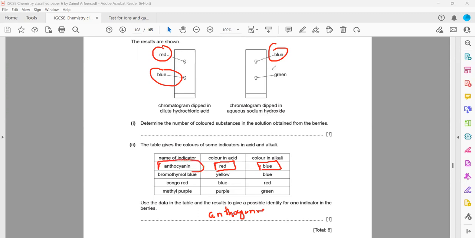There might be another indicator which has blue color in acid and green color in alkaline. But we want to find one of the indicators present in these berries. So one of the indicators present in the berry is anthocyanin. Berries have indicators, even reddish ones, they all have indicators.